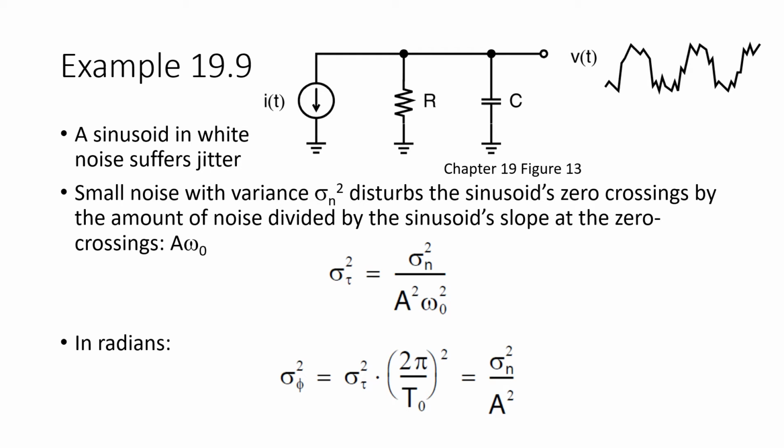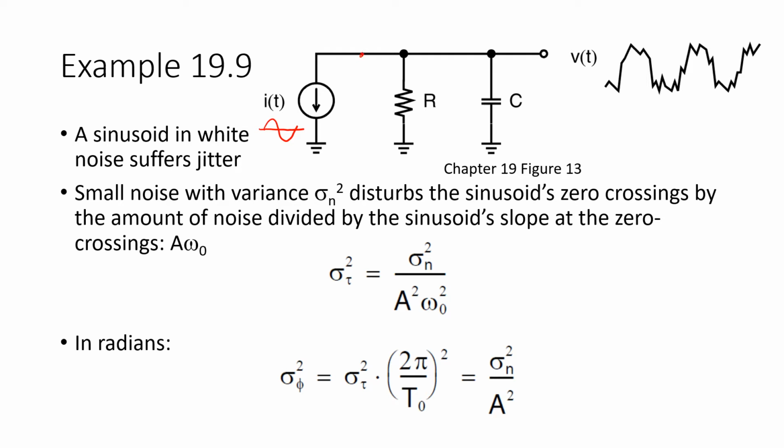Here's a simple example to illustrate how random noise sources in electronic circuits, such as thermal noise, can translate into absolute jitter. Let's imagine that the current source I here is generating a sinusoidal waveform or other periodic waveform that is ideal. But the resistor R is going to produce some thermal noise.